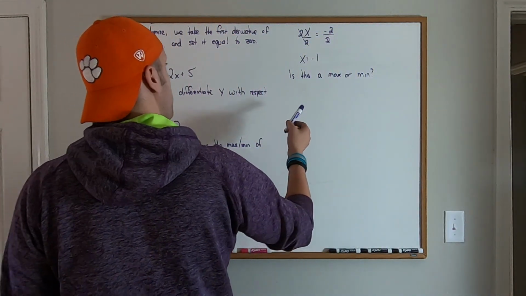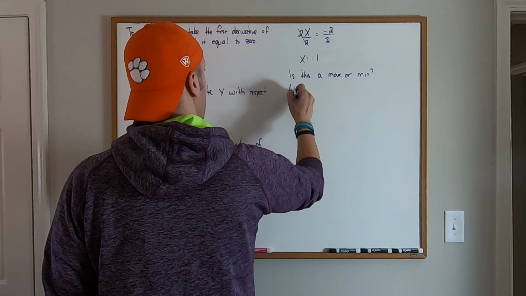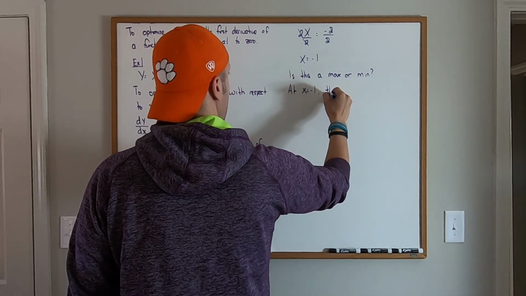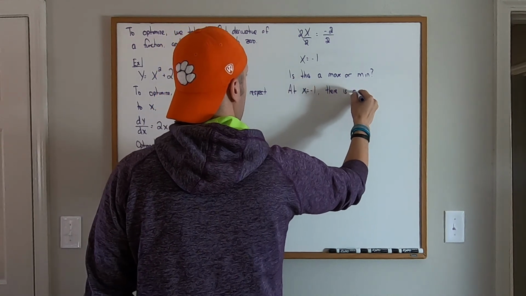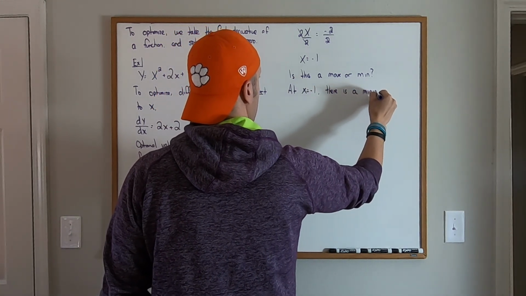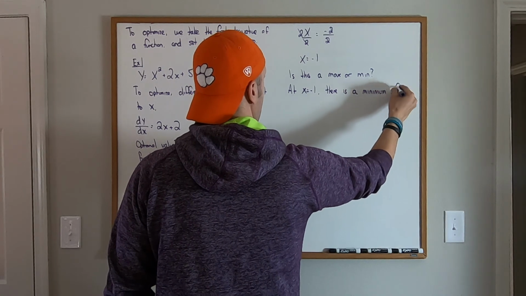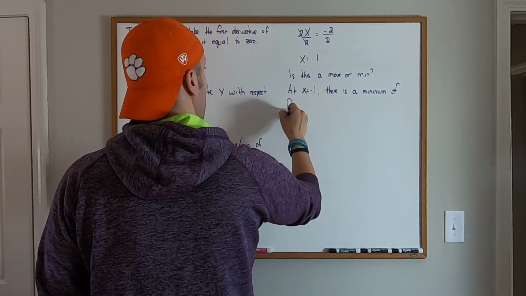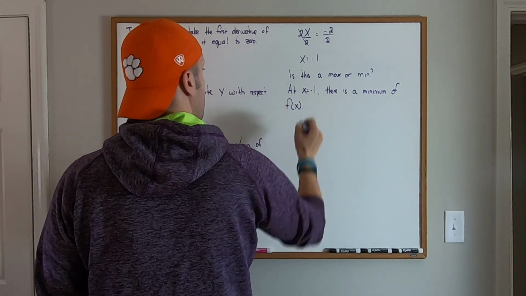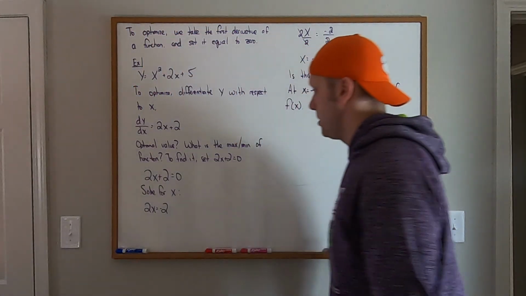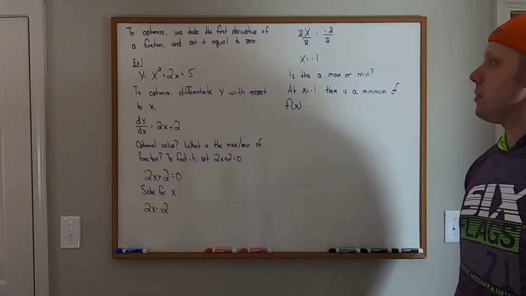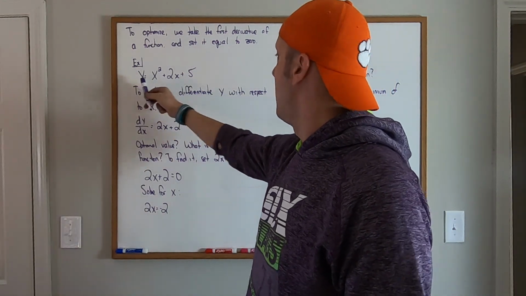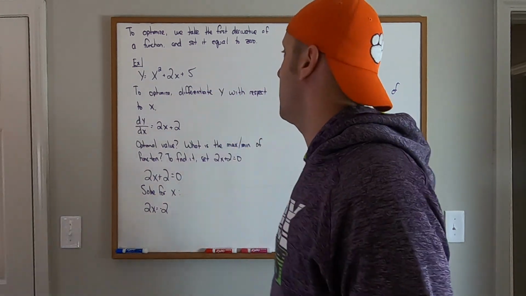What I can tell you is that there's a minimum that is achieved at x equals -1. So the smallest value for y will be reached when x is equal to -1.